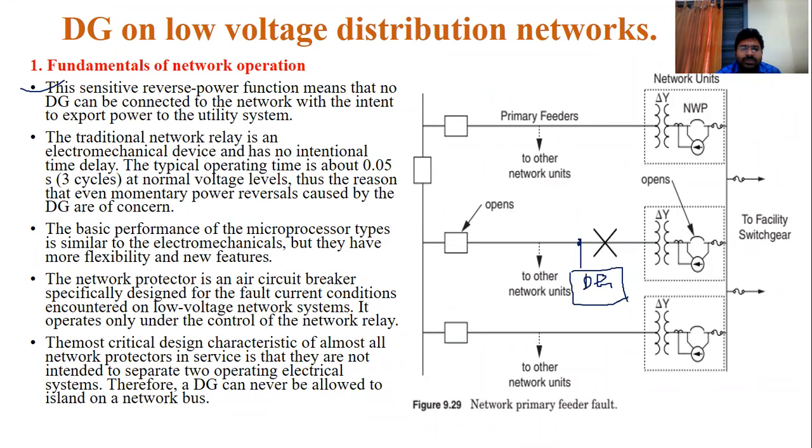Because of this reverse power function, no DC can be added to the network with the intent to export power to the system. And no DC is added because of the sensitivity. Remember the sensitivity level: 0.1%. Whenever you add the DC, that sensitivity level decreases to 0.5% or 0.7%.